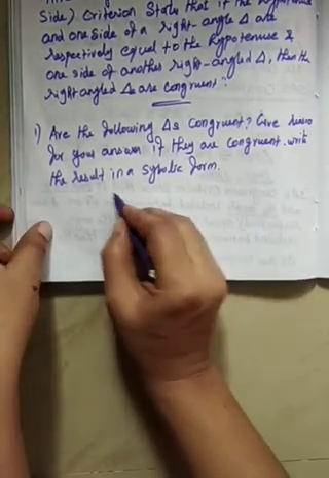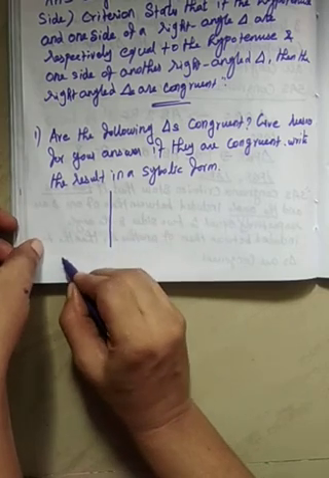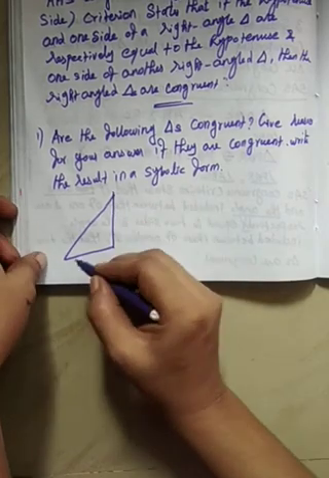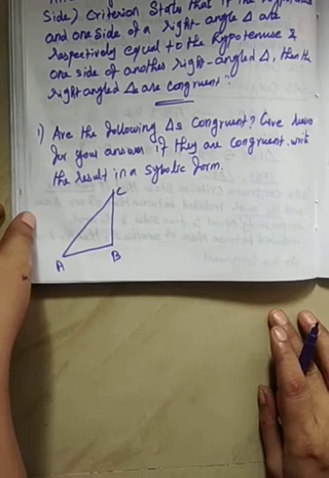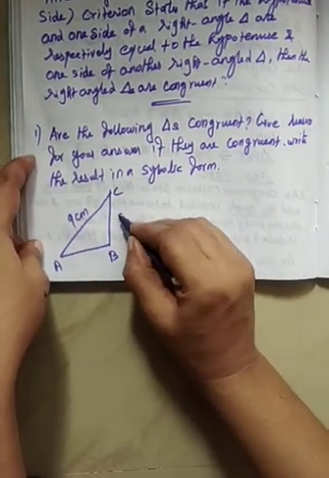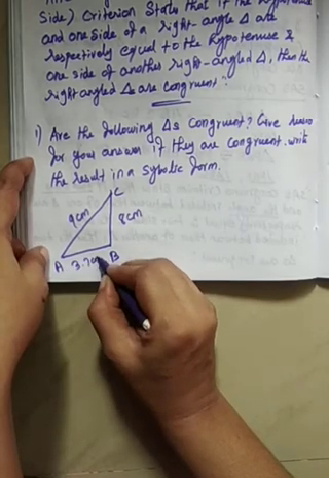See here, the first triangle. This is A, B, C, and here the sides are 9 centimeter, 8 centimeter, and 3.7 centimeter.